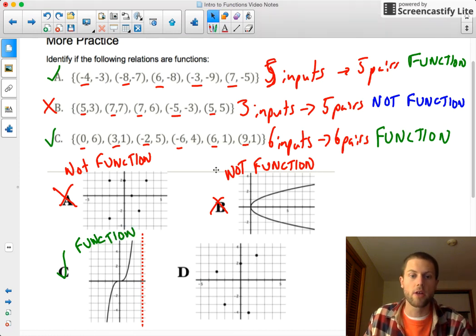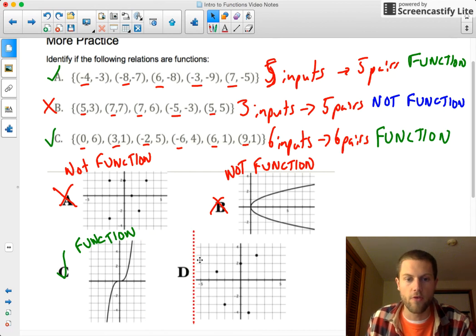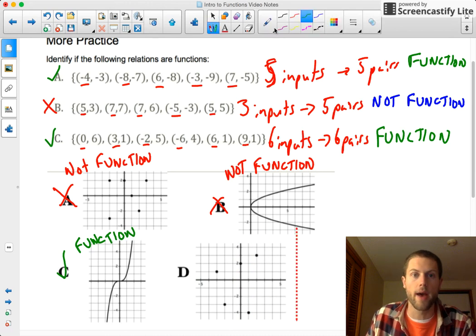And finally, let's take a look at letter D. Move my vertical line across, looking for intersections. I have just 1 here, just 1, just 1, just 1, and just 1. So that is also going to pass my vertical line test, and this letter D is a function.